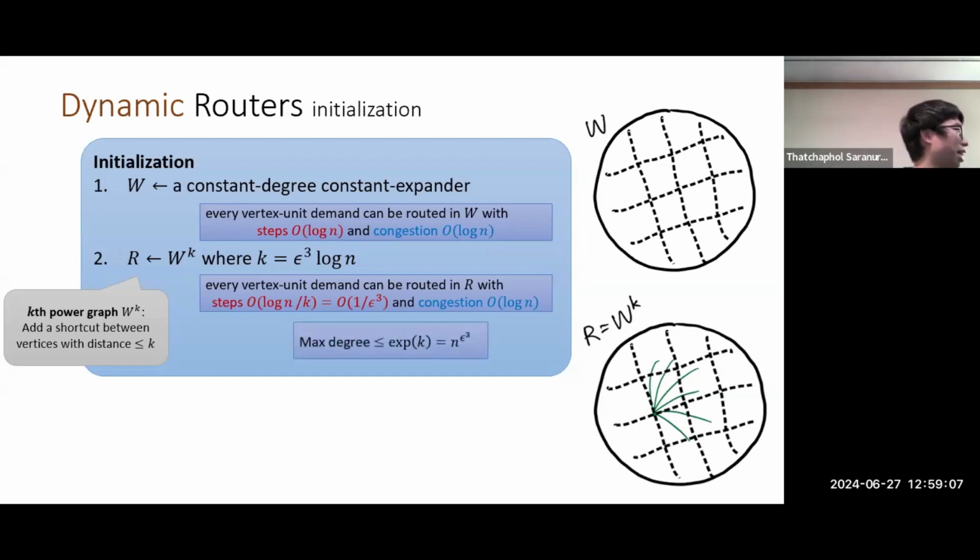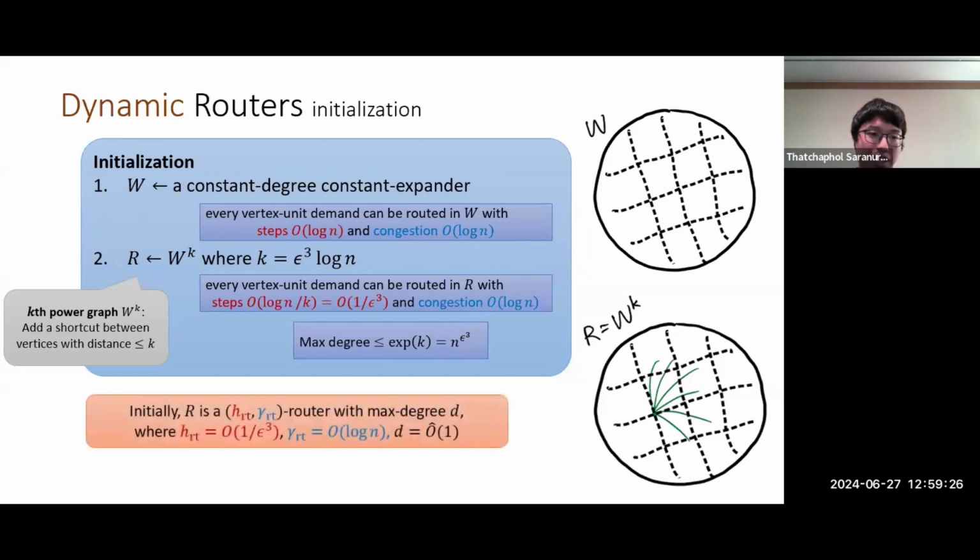And the max degree is close to constant because K is not too large, so the exponential of K is close to constant, because the original normal expander has constant degree.